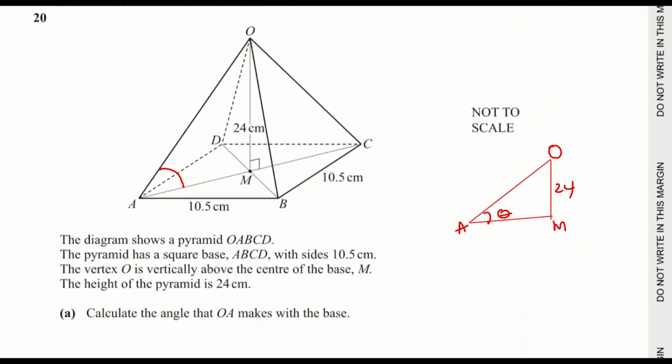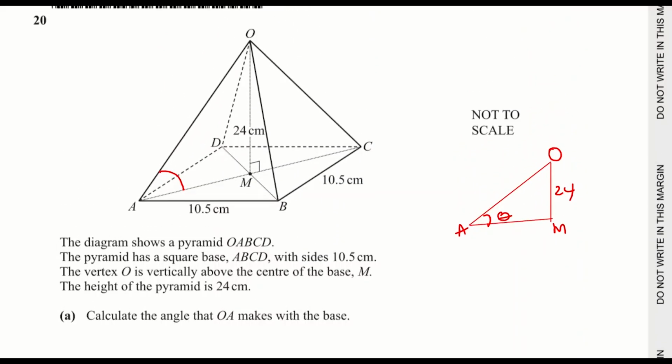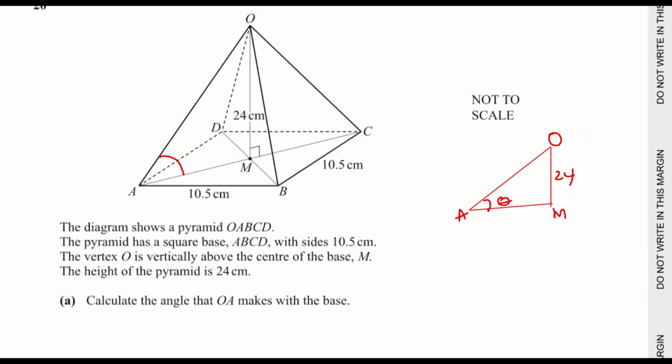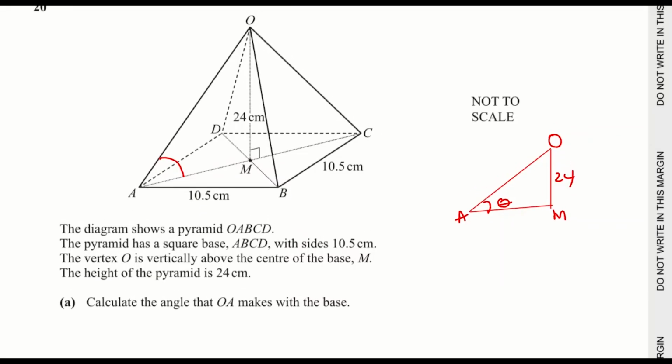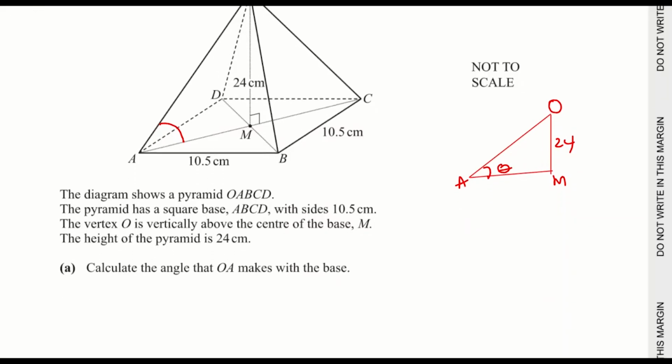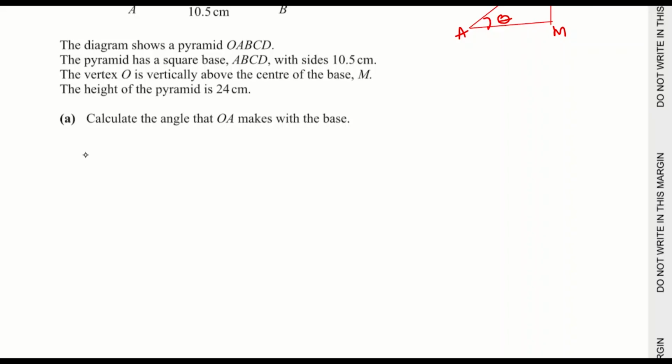Using AC squared equals AB squared plus BC squared, we know that the value of AB is 10.5 and BC equals 10.5 as well, because they are equal.